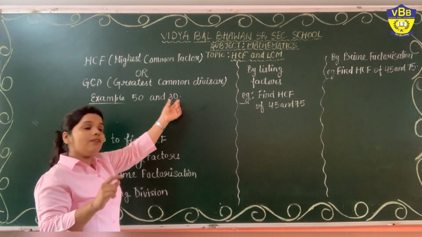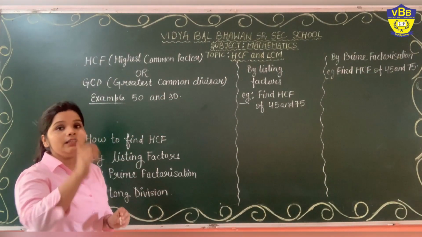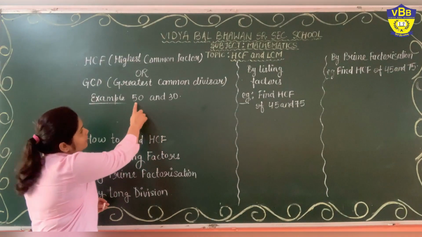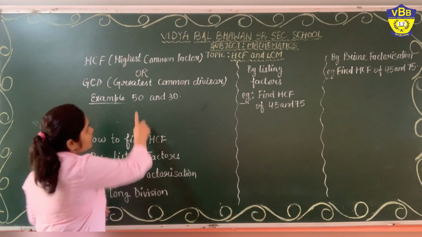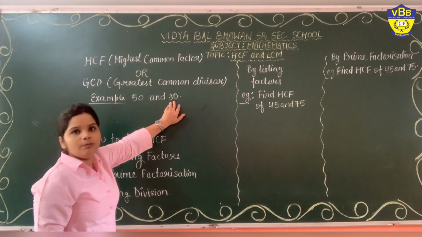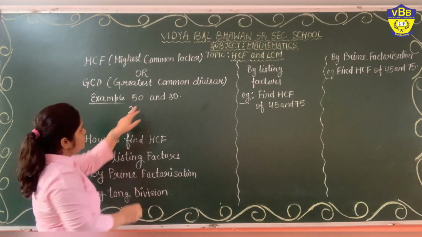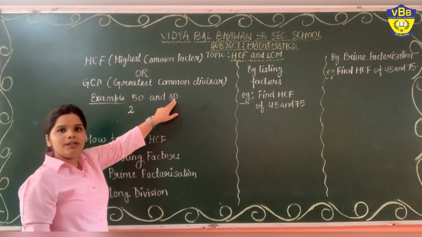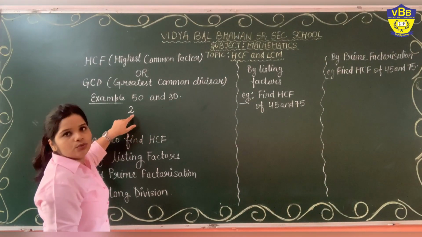What is a common divisor? A single number which will divide both these numbers. Look, 50 and 30 are both even numbers, so they can be divided by 2. 50 can be divided by 2, and 30 can also be divided by 2.